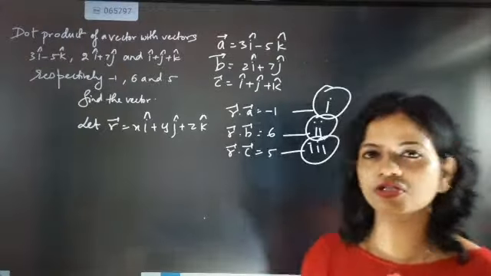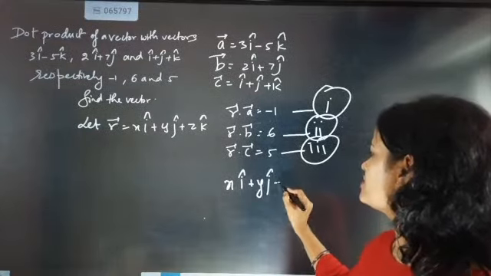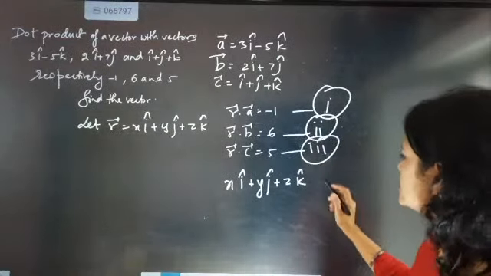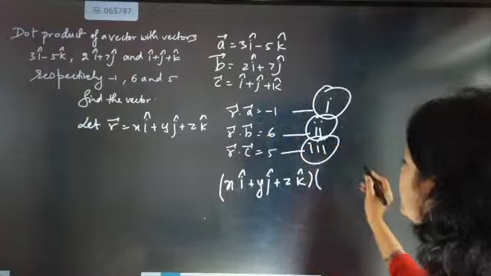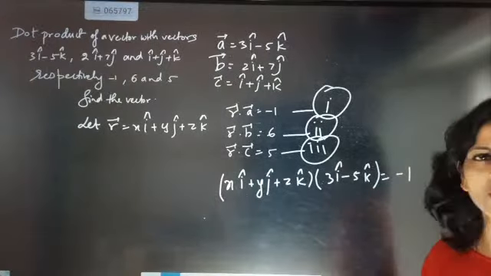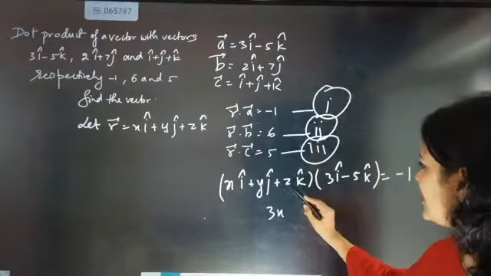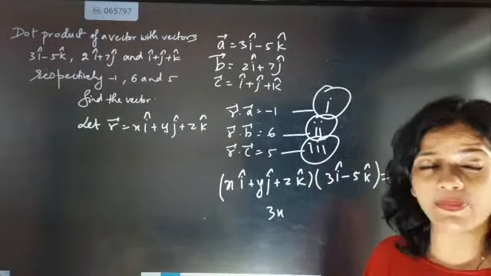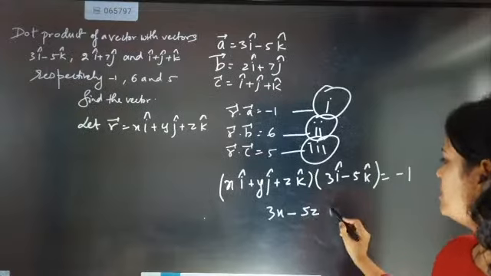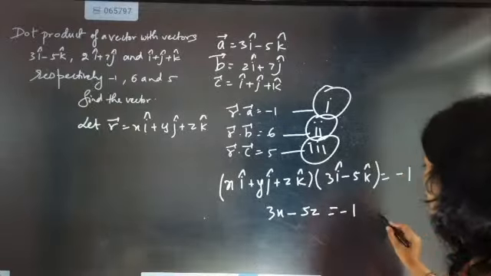Very simply, we write the components of the R vector: xi plus yj plus zk dotted with the A vector, which is 3i minus 5k, equals -1. Now i dot i will be 1, so 3x will come. The j part will become 0, and the z part is multiplied with 5, so it will be minus 5z. 3x minus 5z will be equal to -1. This is going to be your equation 1.